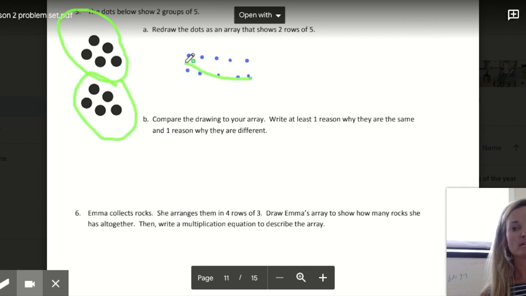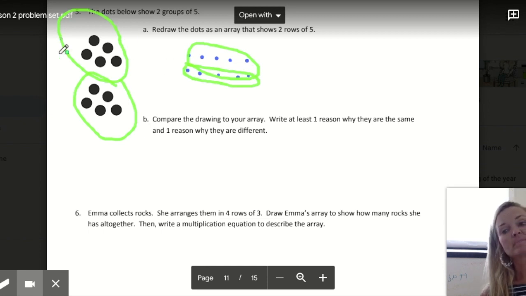When I look here, I have a group of 5 here and a group of 5 here. I will get better with my mouse in time. So we have 2 groups of 5 in both of them. How are they different? Well, in this one over here, the dots are not lined up to show equal rows. Over here, our dots are lined up to show equal rows. So that's how they are the same and how they are different.